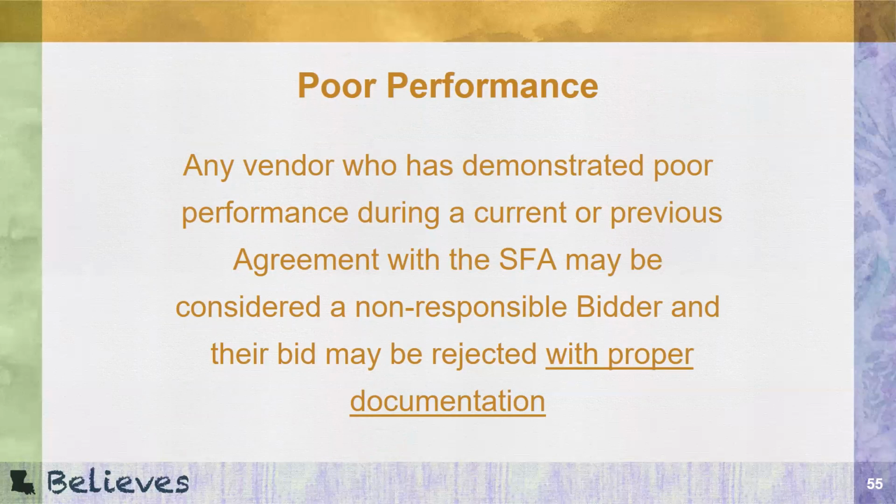We've had some vendors who have been disqualified from further dealings in child nutrition programs because of poor performance. And USDA nor the state agency wants you to have to deal with a vendor who has demonstrated poor performance during either a current contract or a previous contract.